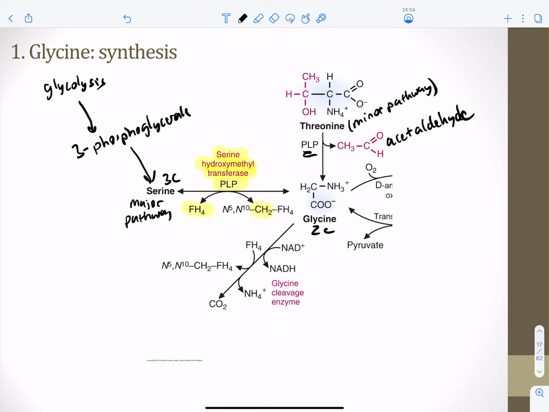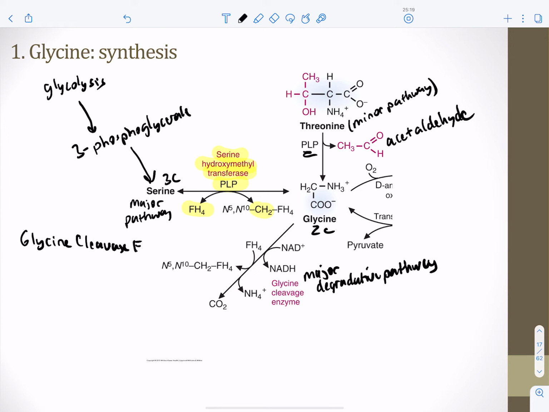Now, glycine has a major degradative pathway, and that is through the glycine cleavage enzyme. The glycine cleavage enzyme is a complex. It has a P subunit, which is the glycine dehydrogenase.